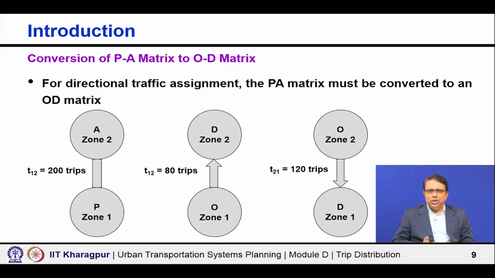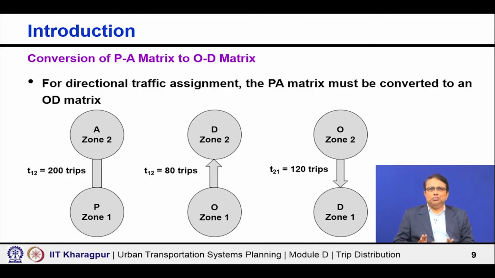So, with zone 1 as production and zone 2 as attraction, we have a total of 200 trips. That means, for all those 200 trips, the production is in zone 1 and attraction is in zone 2. Fine, no confusion. But then, does it mean that all 200 trips are happening from P or zone 1 to zone 2?